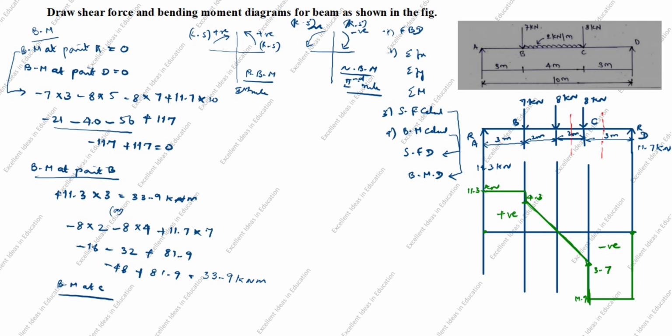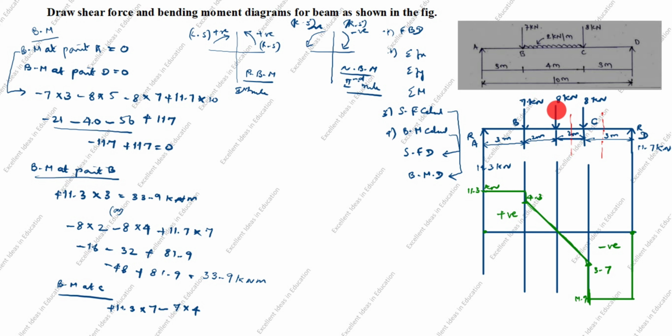Next, bending moment at C. This C point we will calculate now. From here to here, it goes clockwise. You see clockwise left side is positive. Plus 11.3 into perpendicular distance up to C. 3 plus 2 is 5 plus 2 is 7. Next you see this point load comes down. From here to here, left side, goes this way is negative. -7 into perpendicular distance is 4.